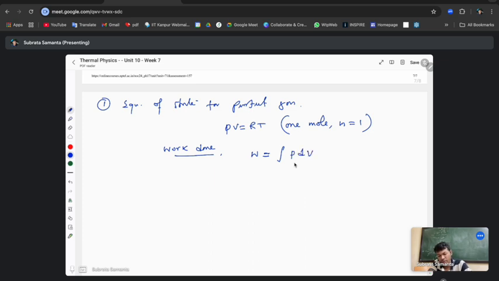Now P is RT over V, and the limits are V0 to V1. RT is constant since the temperature is constant, so it does not depend on the volume. This is dV over V from V0 to V1.